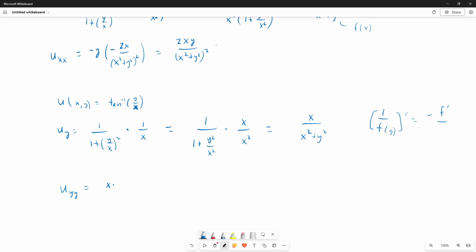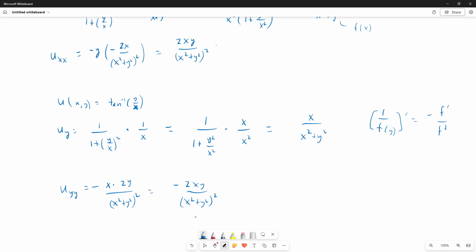Reciprocal rule, it's negative f prime over f squared. f prime, the derivative of this with respect to y, is 2y, and then negative f prime, divided by f squared, x squared plus y squared, quantity squared. So we have negative 2xy over x squared plus y squared, squared.